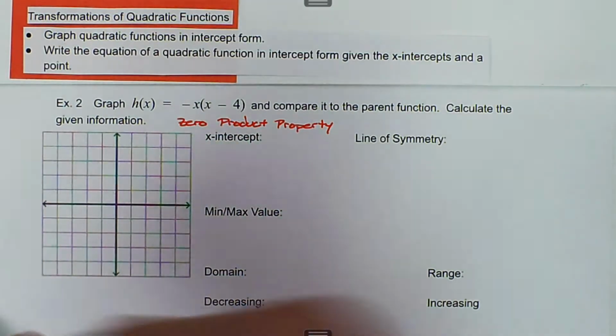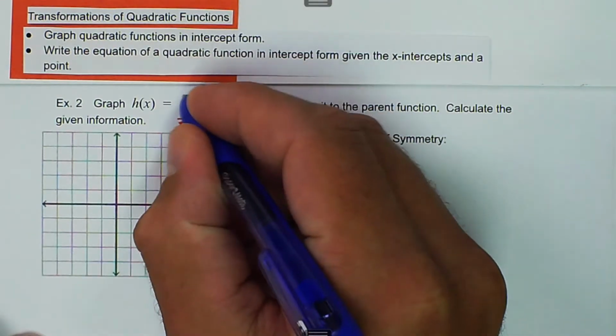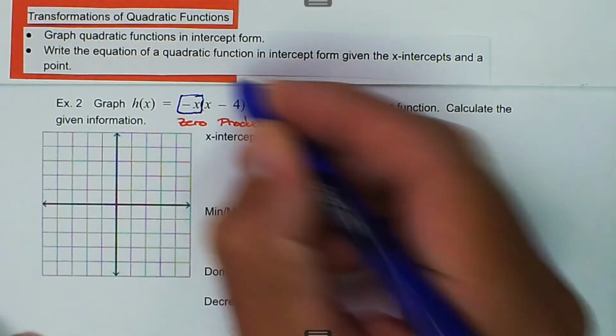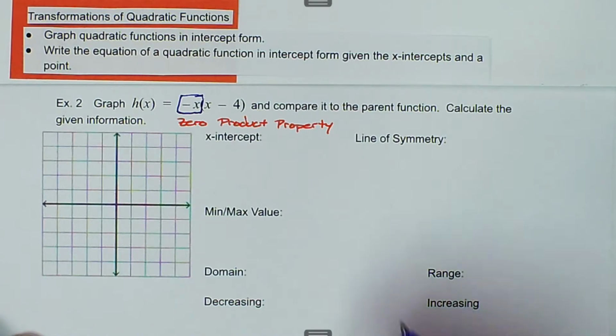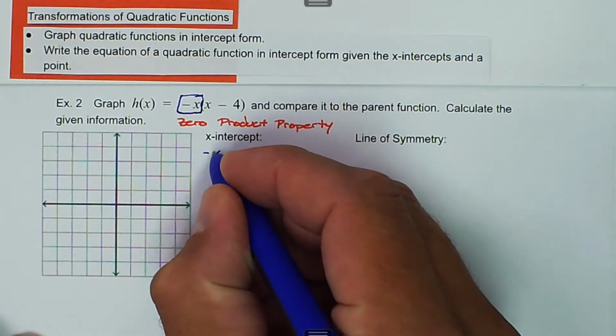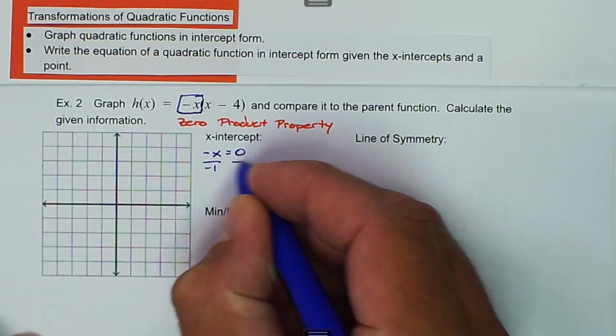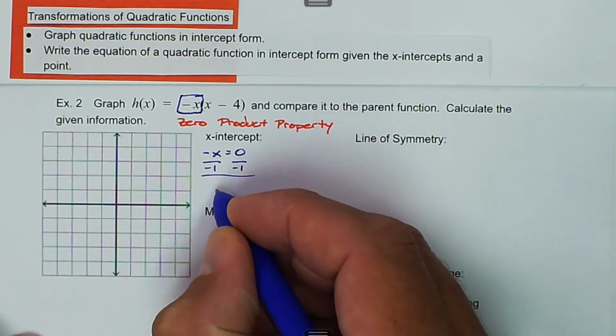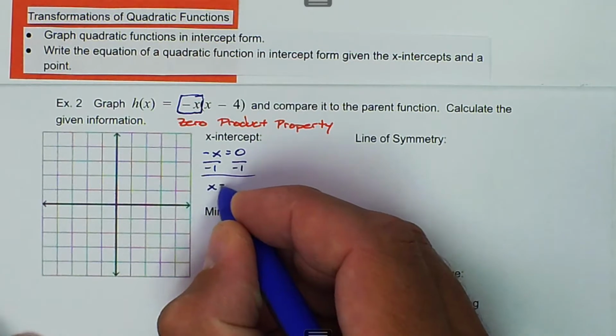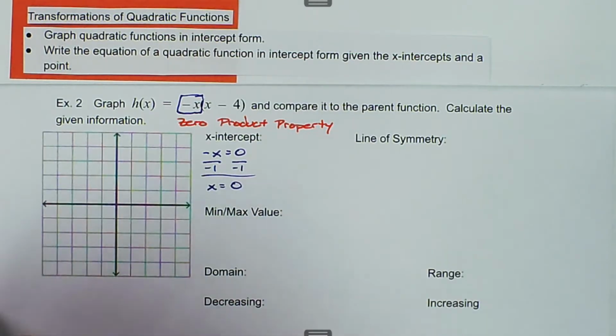So we're going to set them equal to 0. The first one we have is negative x. So we say negative x equals 0, divide by negative 1, divide by negative 1, and we get x is equal to 0.